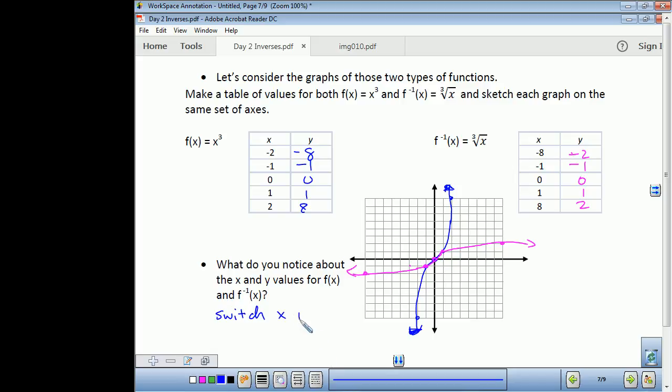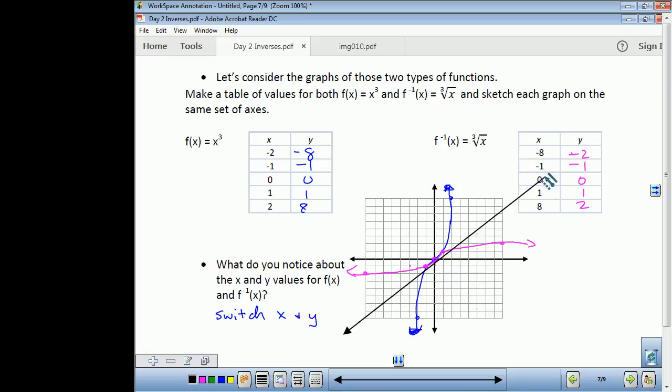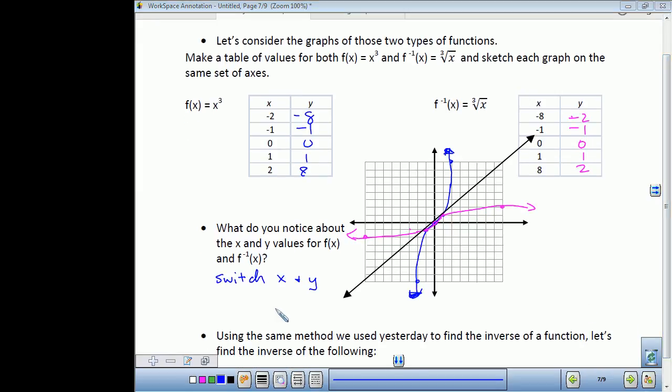We're going to switch the x and y's, which when we look at the graph, causes a reflection over that line y equals x. We talked about that reflection is also a double reflection over the x and y. So we should notice that all these points just flip over this line.